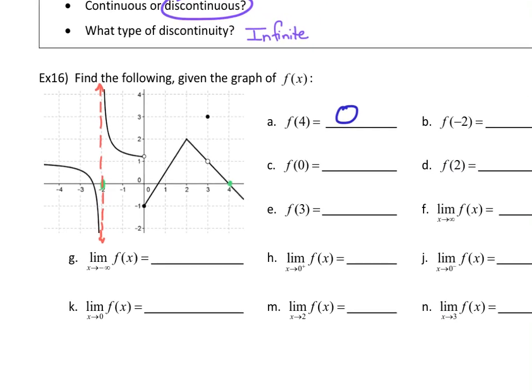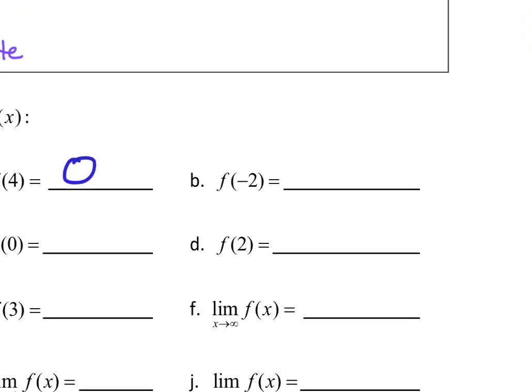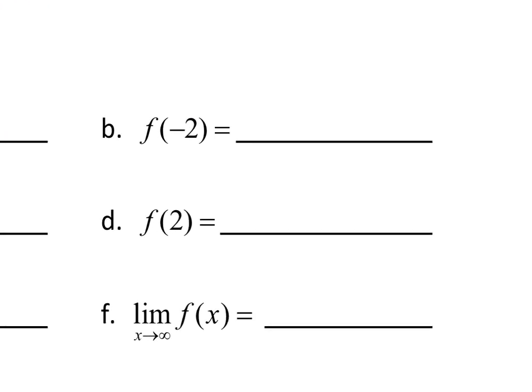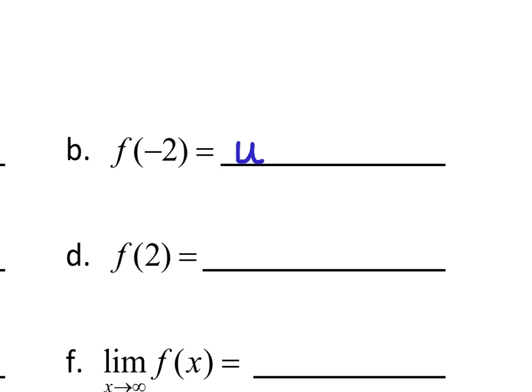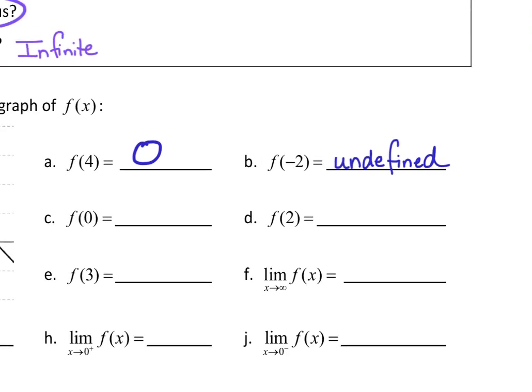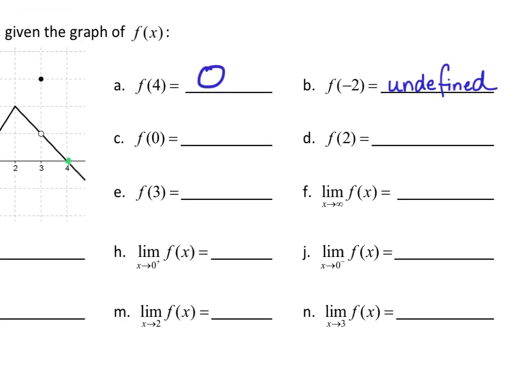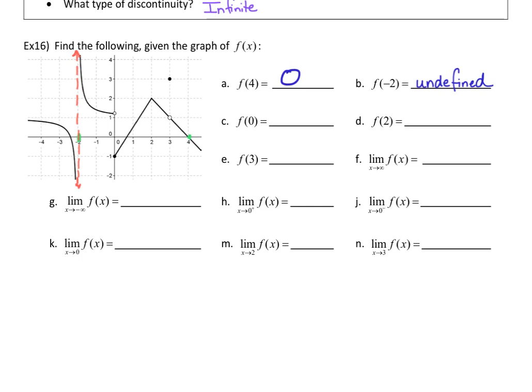And so remember, what is the answer when the function doesn't have a value at that given x value, or doesn't have a y value at that given x value? Make sure that you put undefined. And don't get confused between undefined and does not exist. So the value of the function at x equals -2 is undefined.